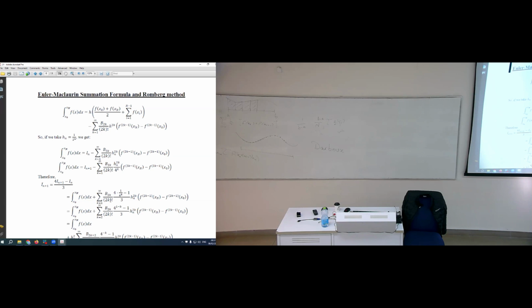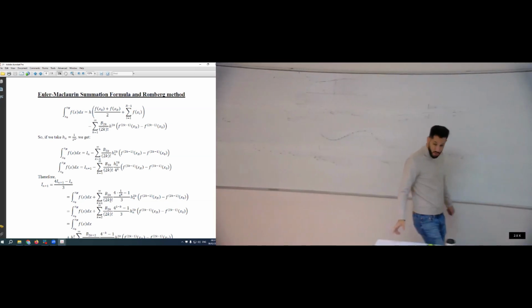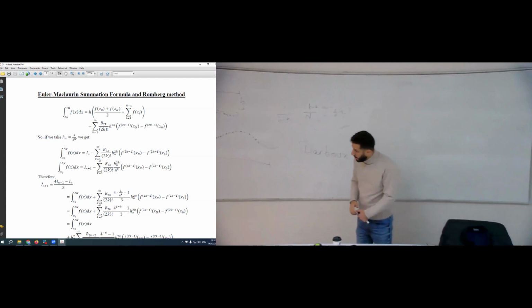And then I have other terms of h to the 4th and h to the 6th, and also here. But if I take 4 of this minus 1 of this, I cancel the h squared term. So that was my motivation, but now we see it in the problem.